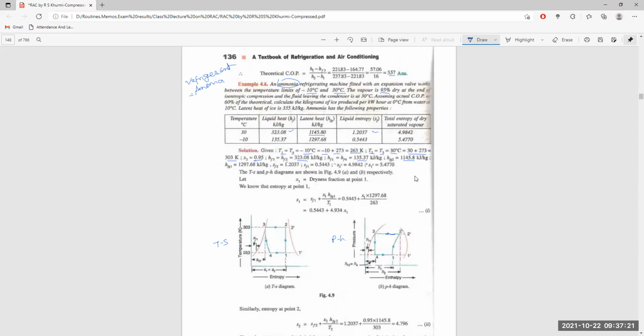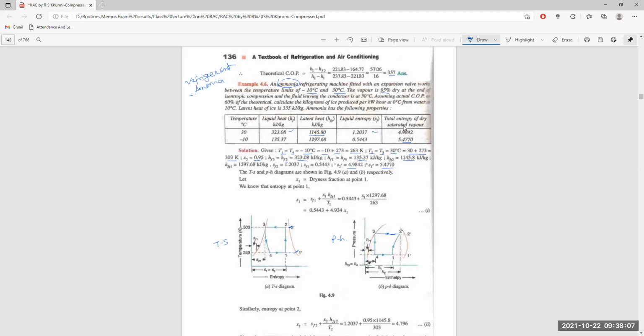And S2 dash, which is here, the total entropy of dry saturated vapor at high temperature at 30 degrees, is the point here, S2 dash, which is given as 4.9842. And the same is the point on the vapor saturated line nearest to 1 dash, given on this line as 5.4770.